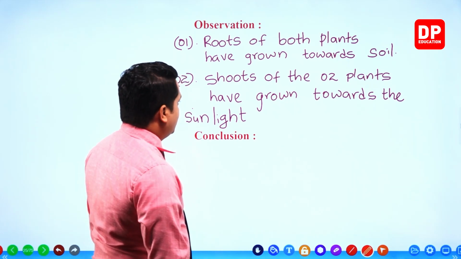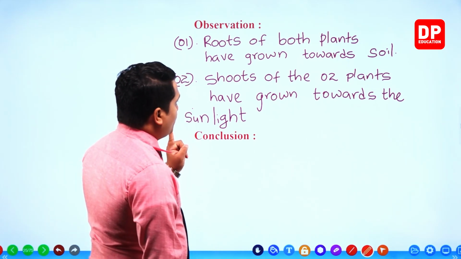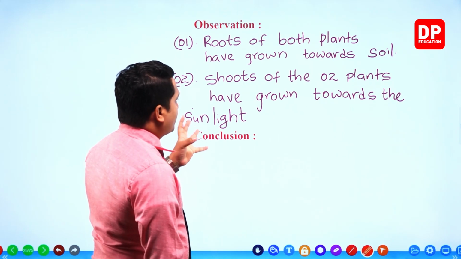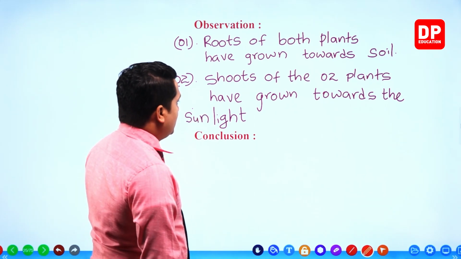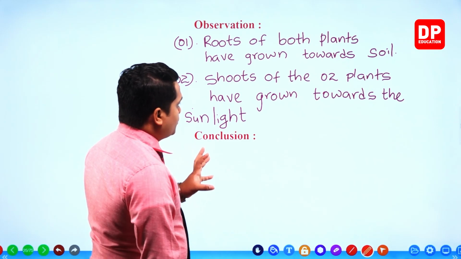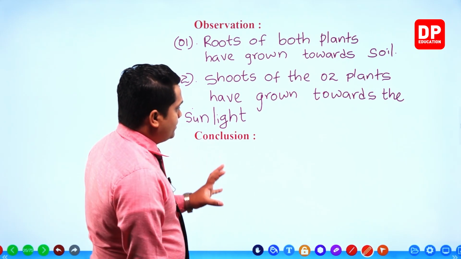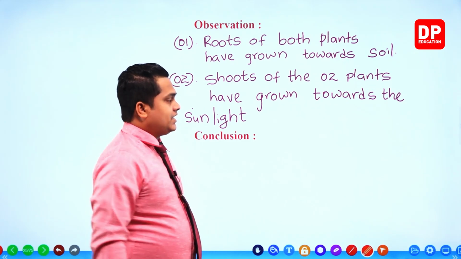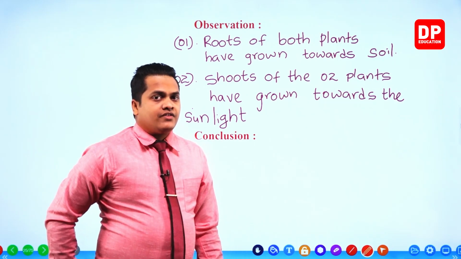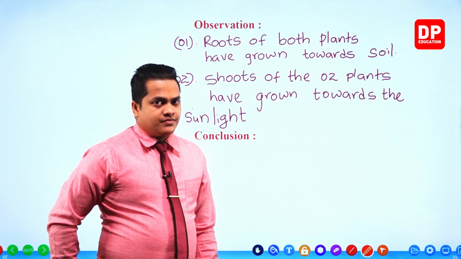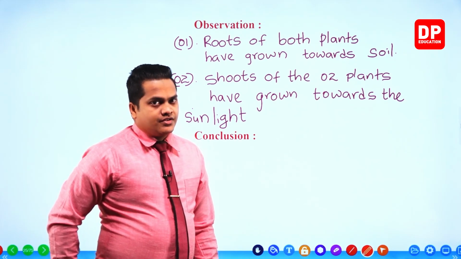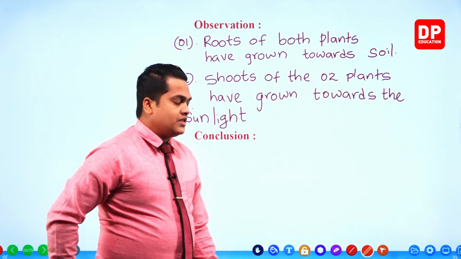Okay, that's better. So, roots of both plants have grown towards soil. Shoots of the two plants have grown towards the sunlight. So, these are the two observations that we took from the experiment. Okay. Then the conclusion. What is the conclusion?